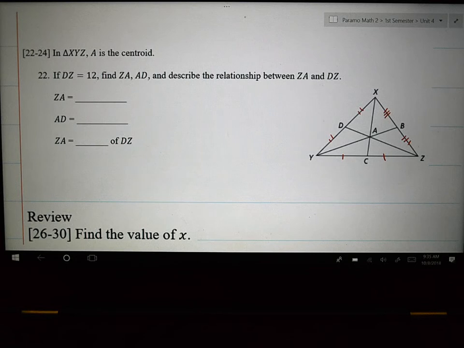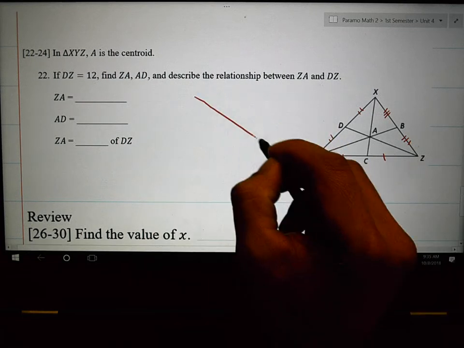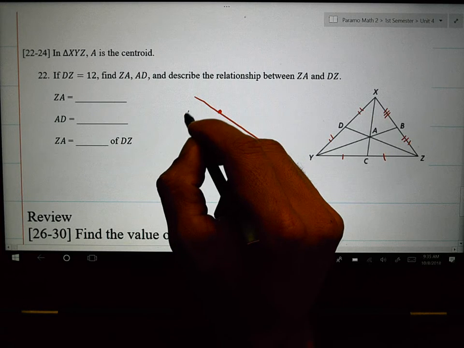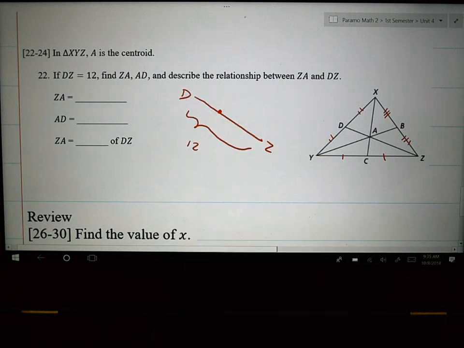Now what they're going to do is they're going to tell you something like DZ. DZ, this full thing is 12 units. You're going to have to find ZA, AD, and describe the relationship between ZA and DZ. This whole thing, DZ, is 12.